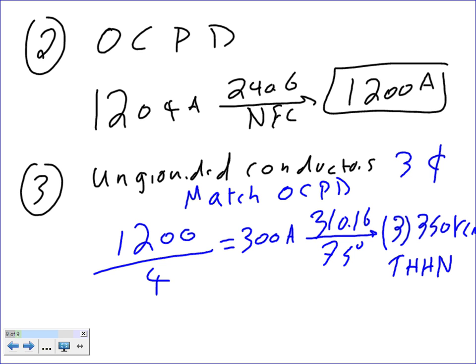Let's assume it's going to be a THHN. And how many sets? I'm going to write the sets. 4 sets of... that's how you're going to write it. So that's your full complete answer. 4 sets of 3 conductors, each one is 350 kcmil, and the insulation is THHN.